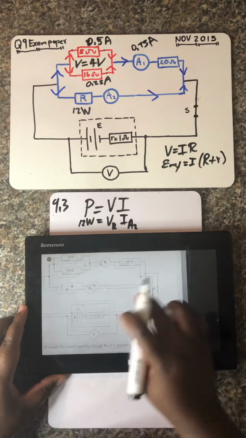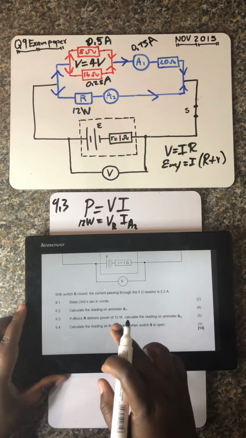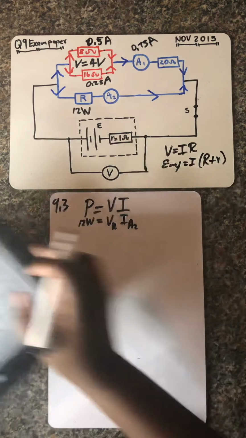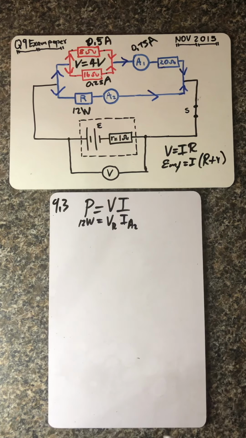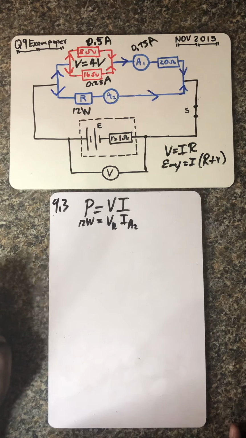Okay, there's the question. The question says, if device R delivers power of 12 watts, calculate the reading on ammeter 2. So this question is almost the same as that one. So that's why our approach might also be the same. Okay, so guys, let me see.